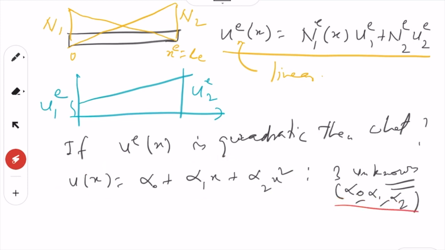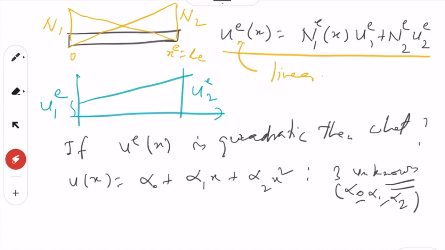Here you have only 2 parameters, only this and this. These are those constants, and here these are the functions which you may change into quadratic. So how is it possible that you have just 2 unknowns and then you can fit any quadratic function? It is not possible, right.